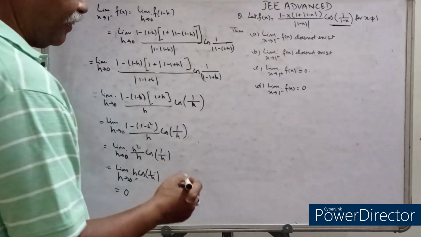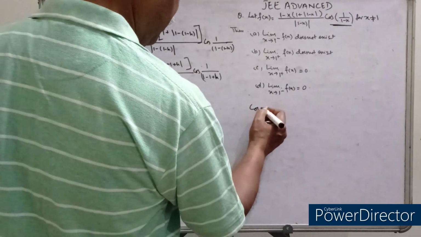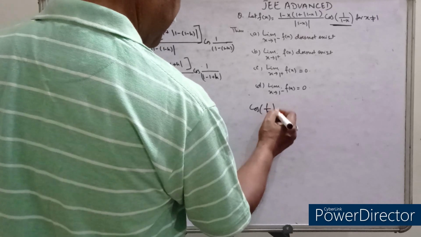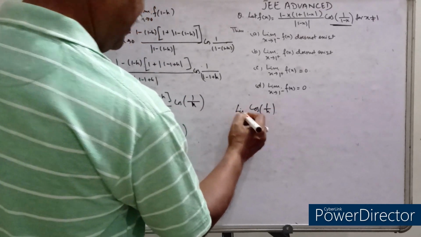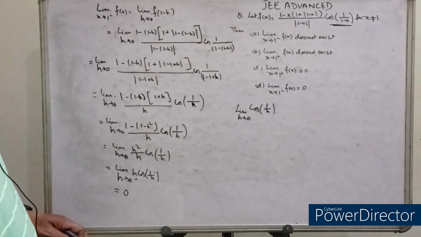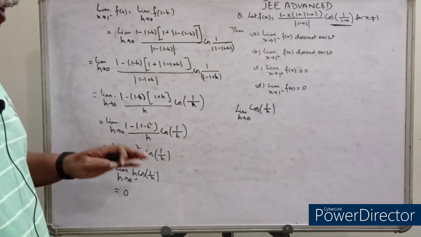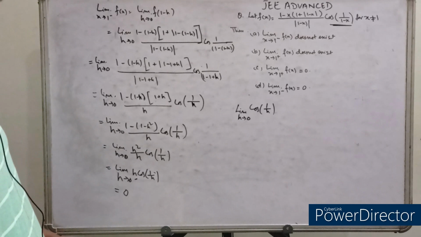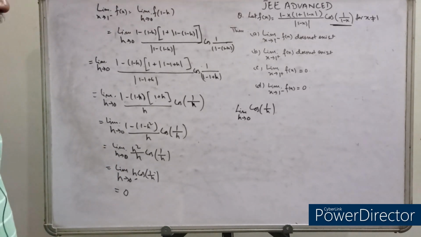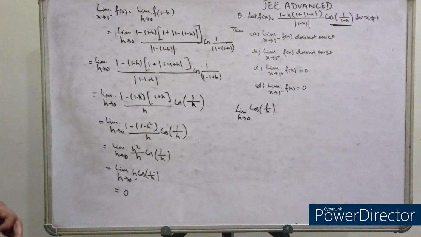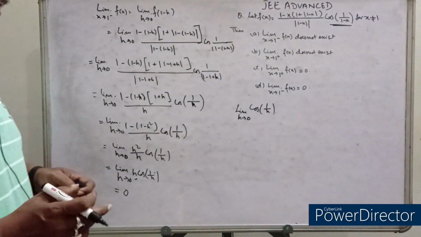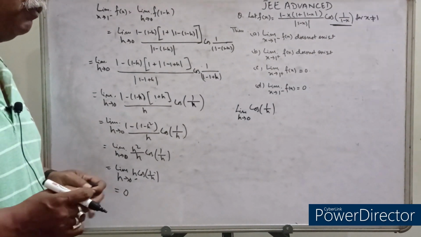Suppose the answer remains like this, 1 by h, with the limit h tends to 0. What I am going to explain is what type of problems might come and how to take the decision. Why I have taken this question is to tell you what problems might come, which may feel difficult to solve.